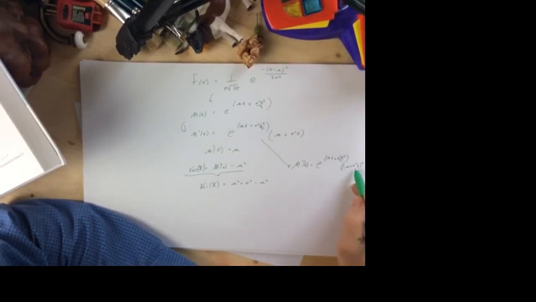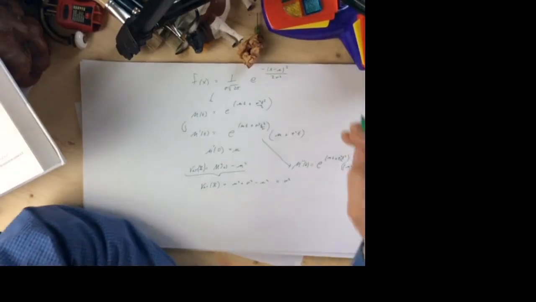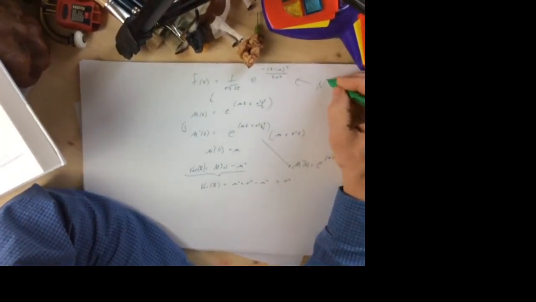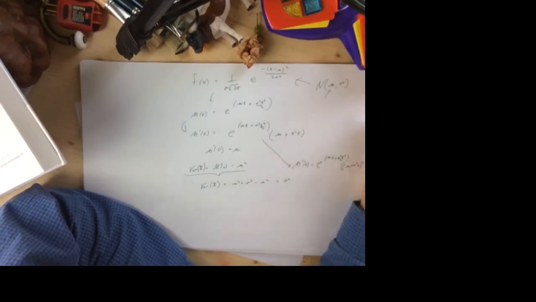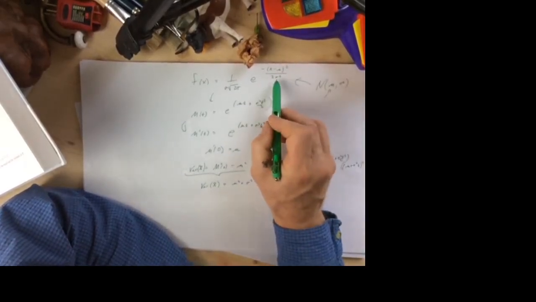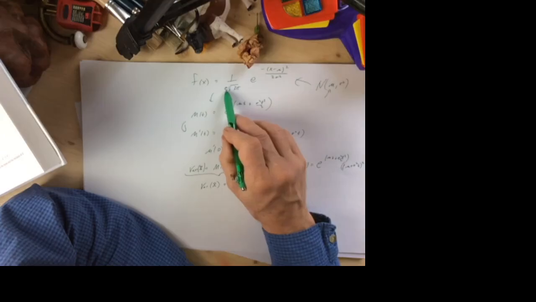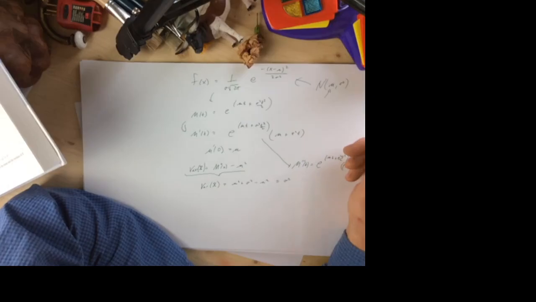If you notice, this goes away, and there's your sigma squared. Hence, the reason that this is called normal mu sigma squared. Its average is whatever number you find there. Its variance, as long as this looks like that, you've identified the variance and the standard deviation.